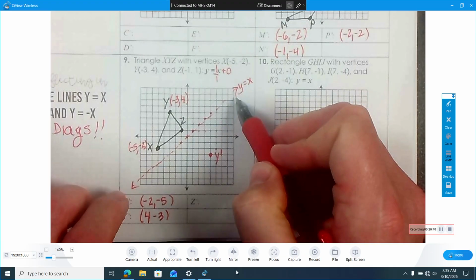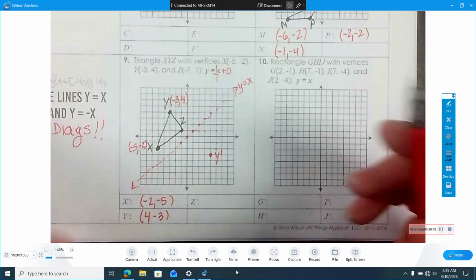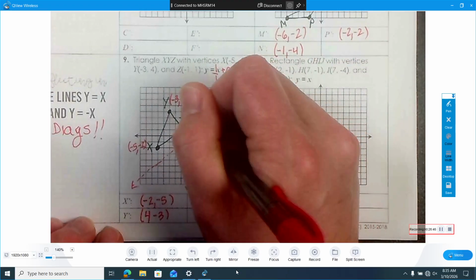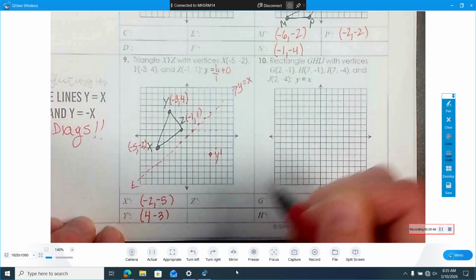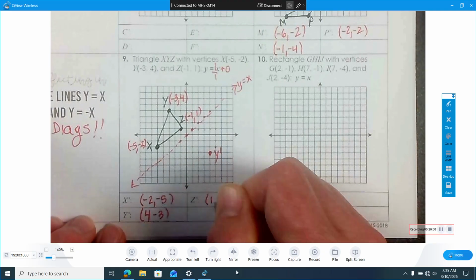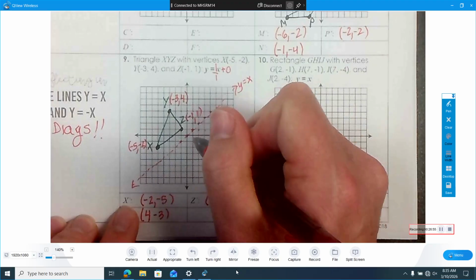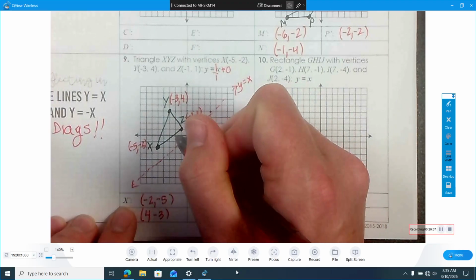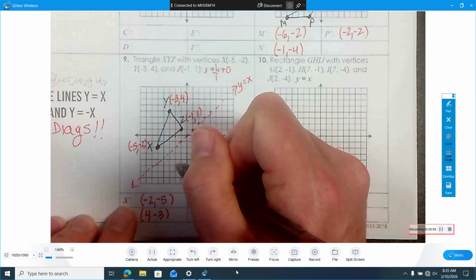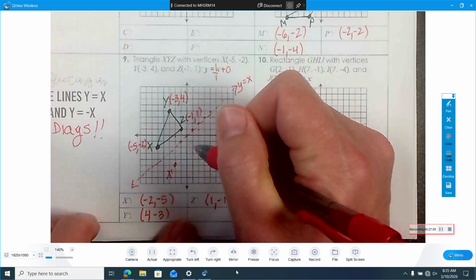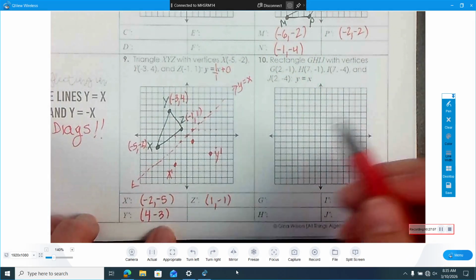The x becomes the y. That's the y equals x thing. All right. And z was at negative 1, 1. So z prime is going to be 1, negative 1. All right. So x prime is at negative 2, negative 5. And z prime becomes 1, negative 1.